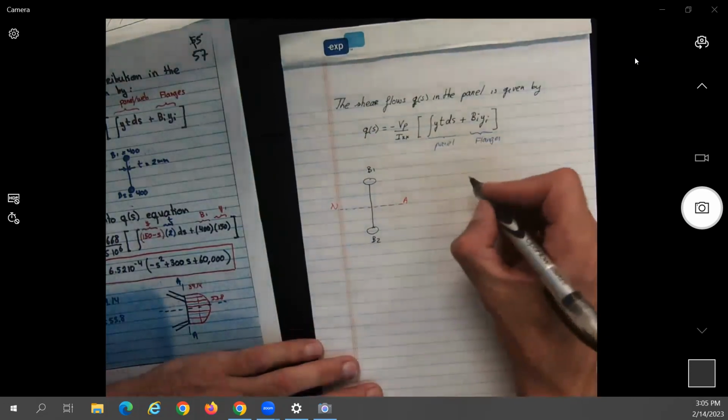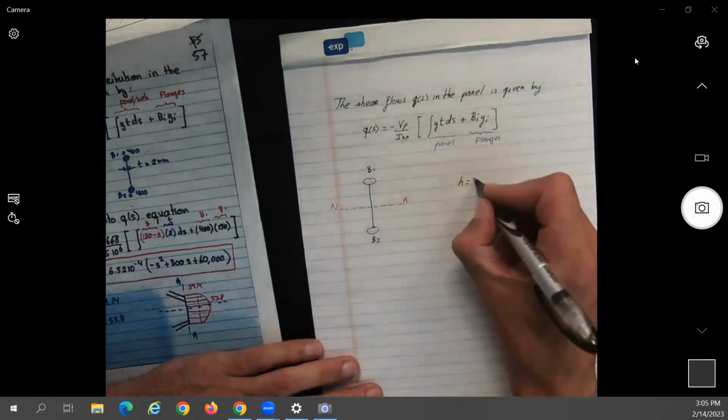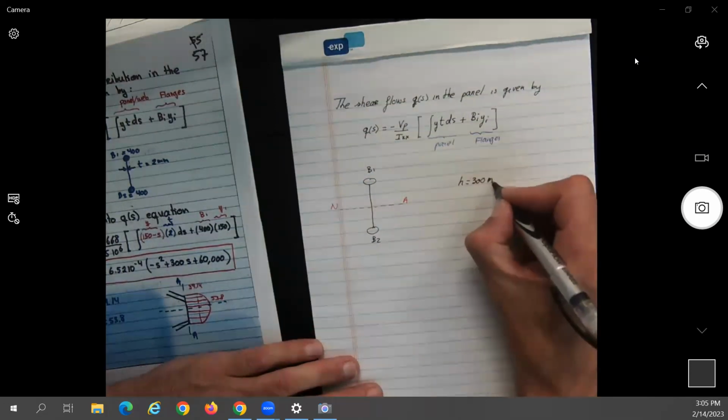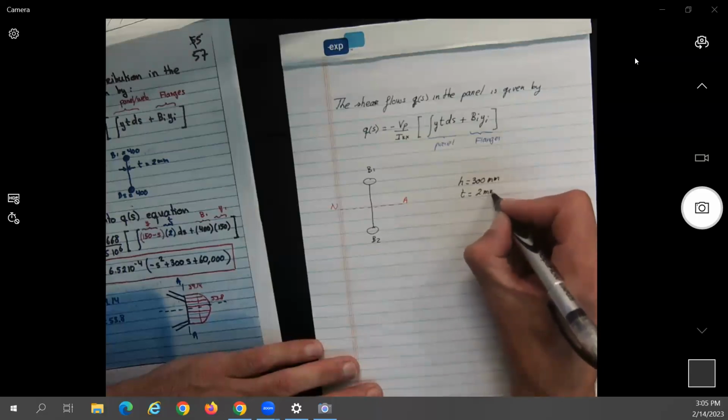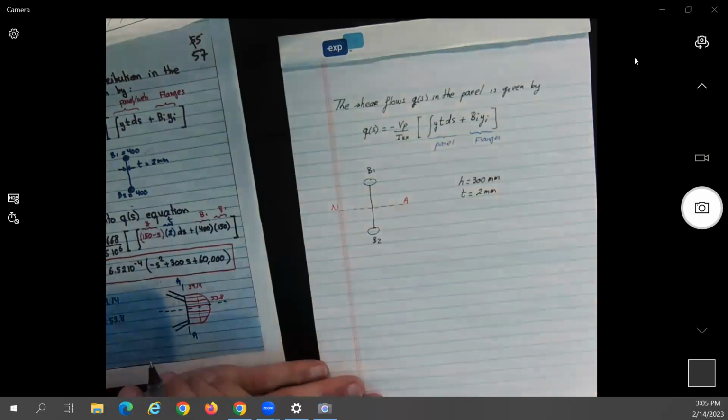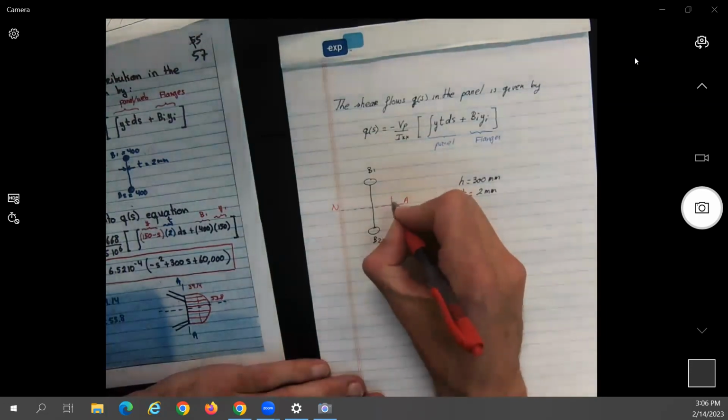Okay, so remember at the cut we have H equal to 300 and T equal to 2 millimeters.